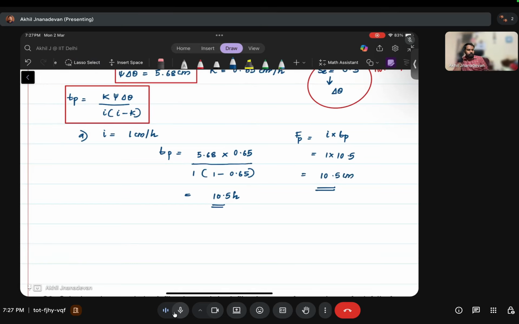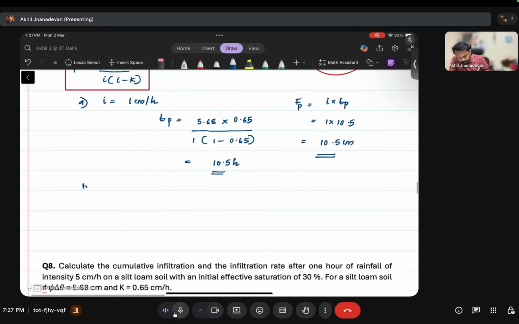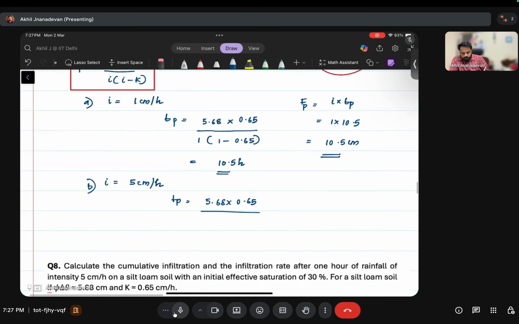Fine. Now we can take the second case, B, where the intensity is 5 centimeter per hour. So it is 5 times higher intensity rainfall. Then Tp, if you substitute, is 5.68 into 0.65, that is all the same, divided by 5 into 5 minus 0.65, which comes to around 0.17 hours, that is around 10 minutes.